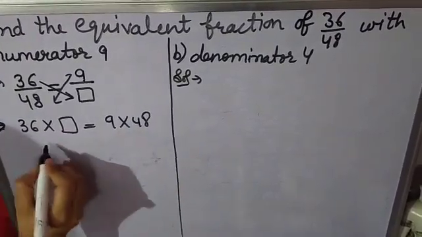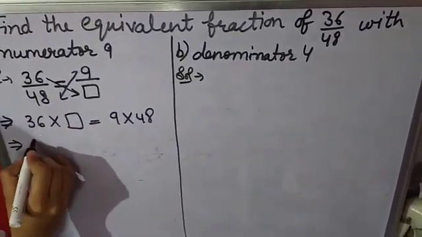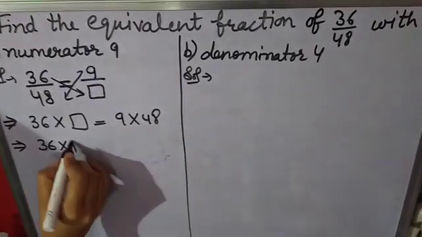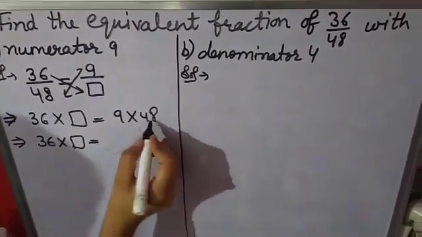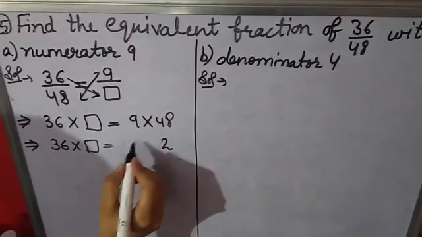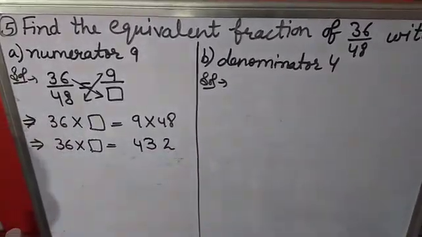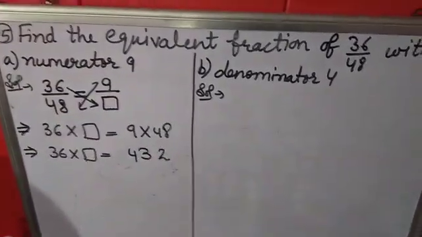Now, 36 multiplied by box equals 9 multiplied by 48. 9 times 48 will be 432.